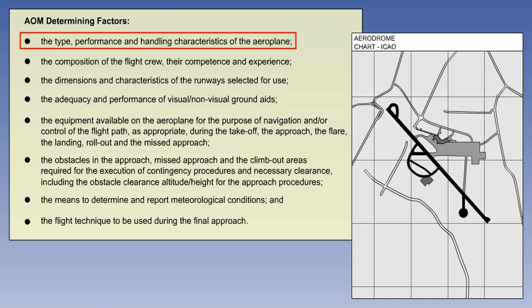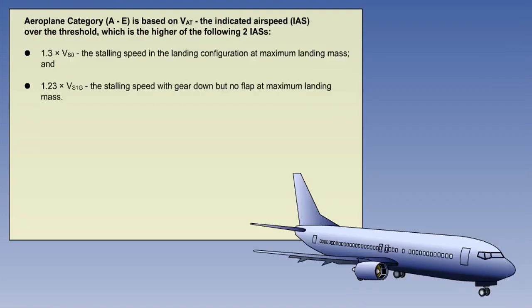Now we'll examine one of the determinants outlined earlier in more detail, namely aeroplane characteristics. Each aeroplane is categorized A to E, inclusive, dependent upon its target threshold speed, that is, the indicated airspeed, IAS, at which the pilot aims to cross the threshold.